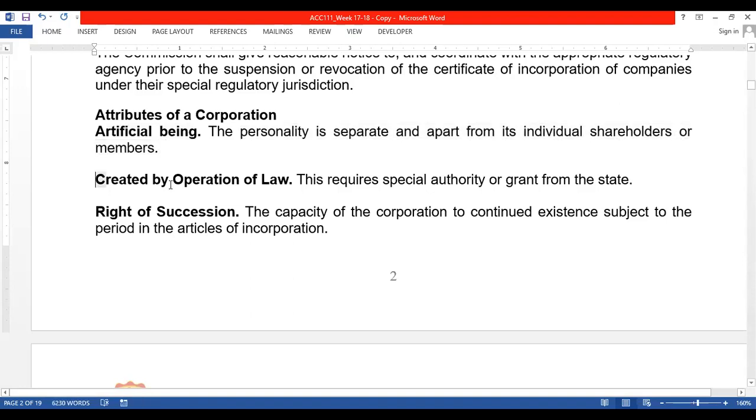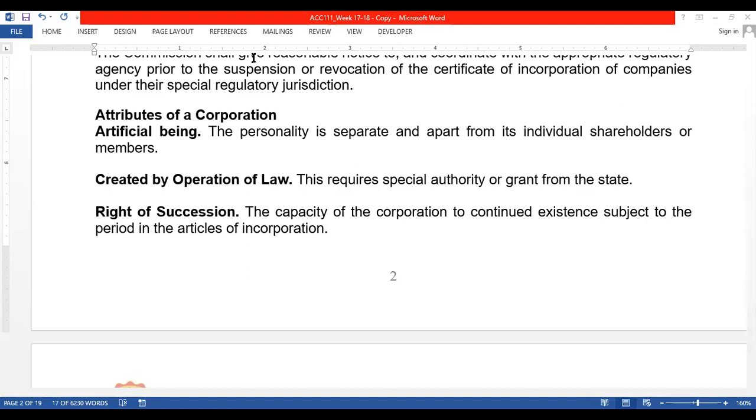And then, created by operation of law, so this requires special authority granted from the SEC. And then it has the right of succession. As I said earlier, the capacity of the corporation to continue existing in business, subject to the period in the articles of incorporation. Because it can be transferred to any person anytime. Okay? Unlike with the partnership, because of mutual agency, right?